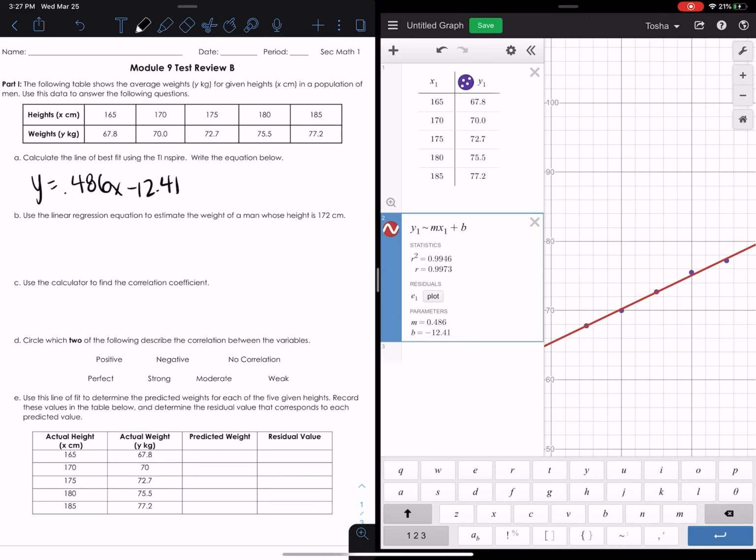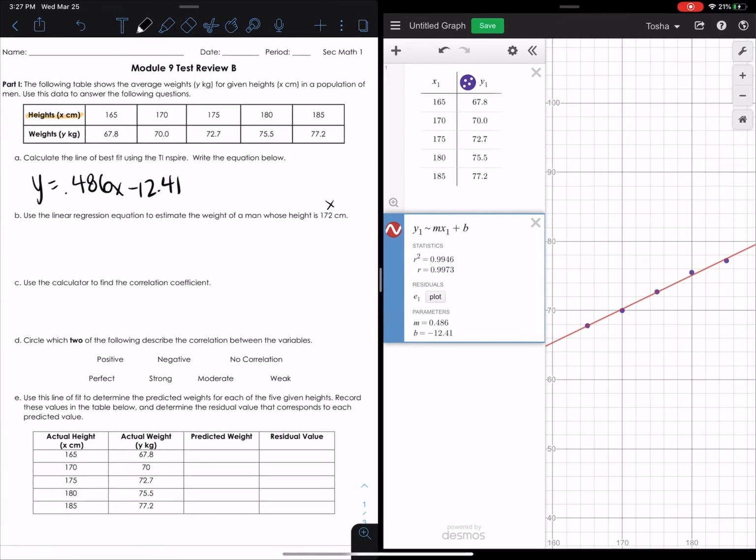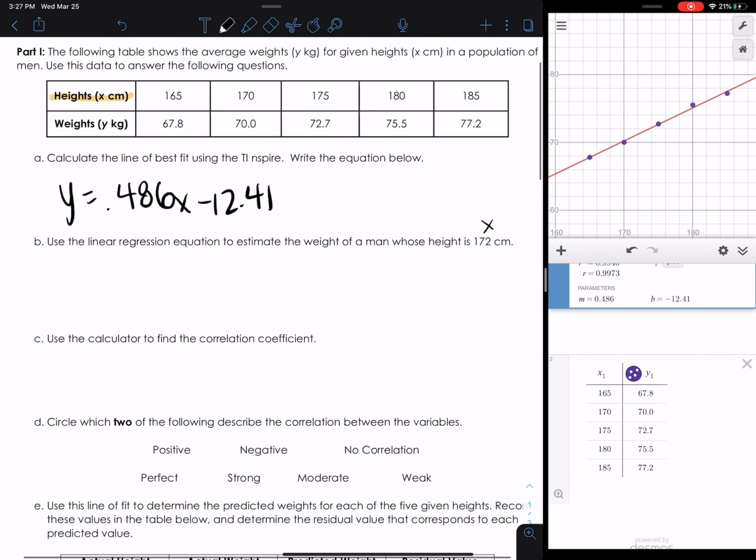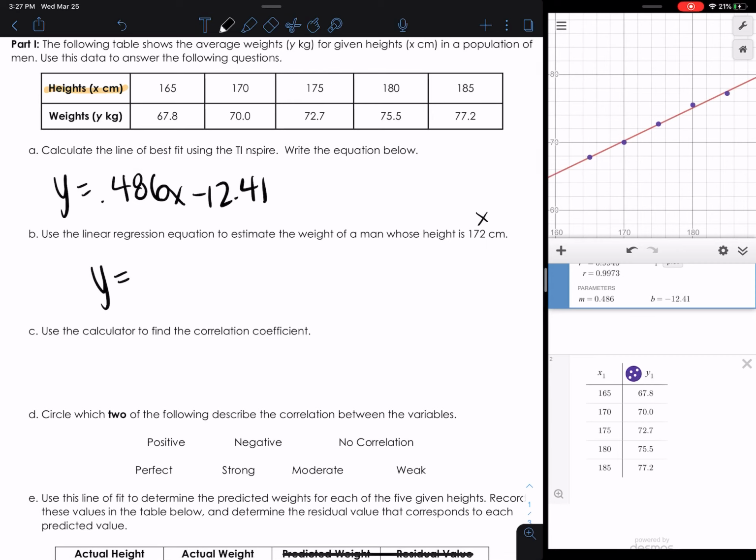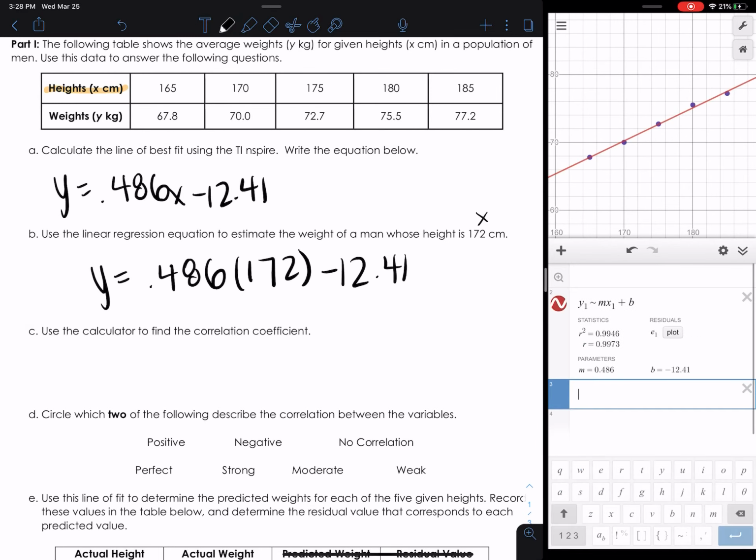Next it says use the linear regression equation to estimate the weight of a man whose height is 172 centimeters. If you notice, heights are our x, so this is the x value that they want us to plug in. So we're going to do y equals 0.486 times 172 minus 12.41. And the cool thing about Desmos is that we can just type that in.